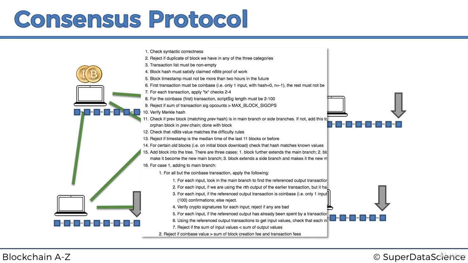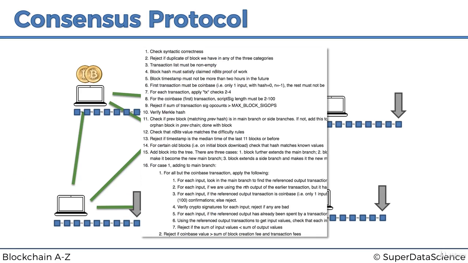And they check the Merkle hash. They check that the previous block matches the previous hash field in the main block. They check the timestamps. They check the transaction list must not be empty. They check lots and lots of things. So as you can see here, it's very, very detailed.